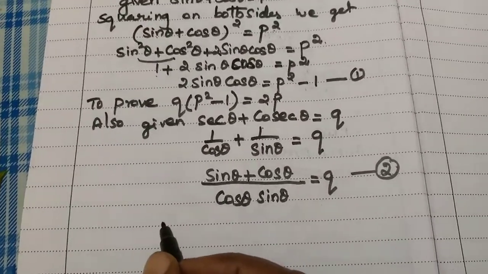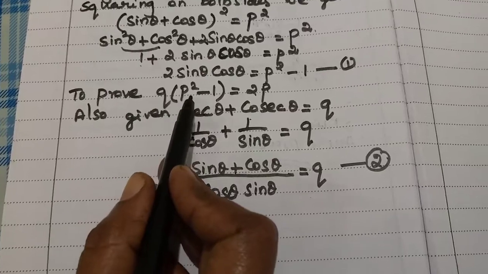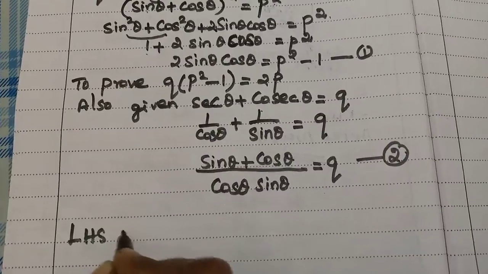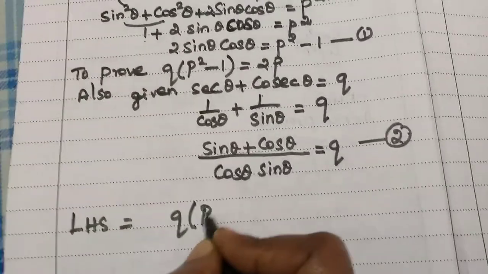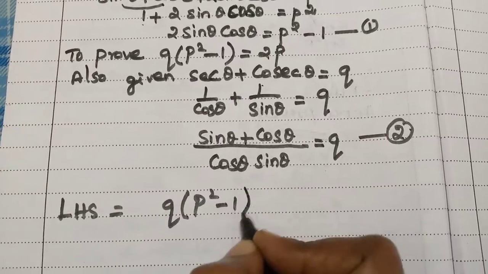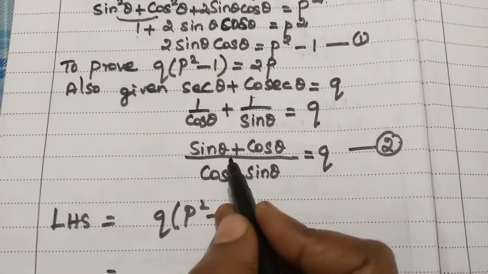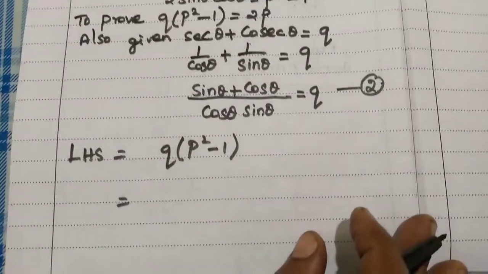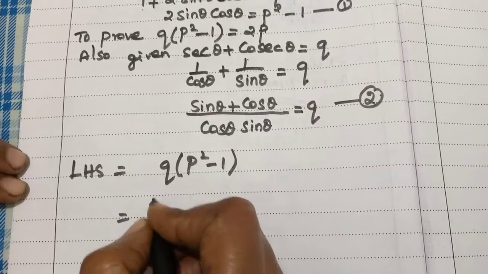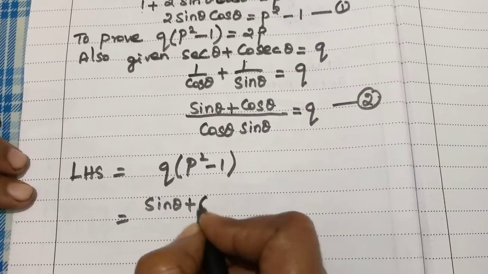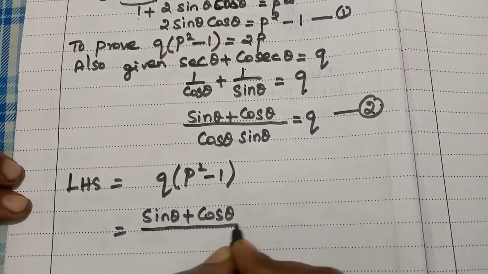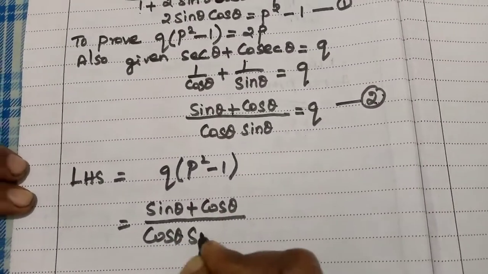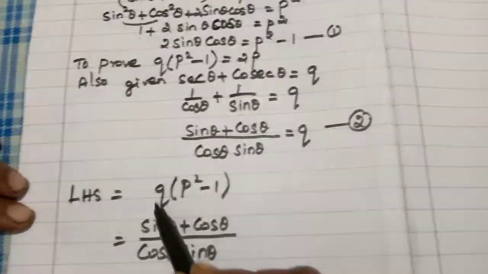So we have to prove, what is the LHS? Q into p square minus 1, is it? So LHS equals q into p square minus 1. What is the q value? Sin theta plus cos theta by cos theta sin theta. In place of q we have written the q value.